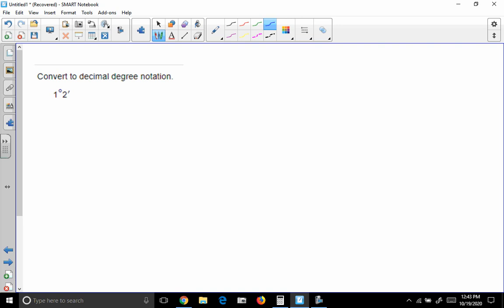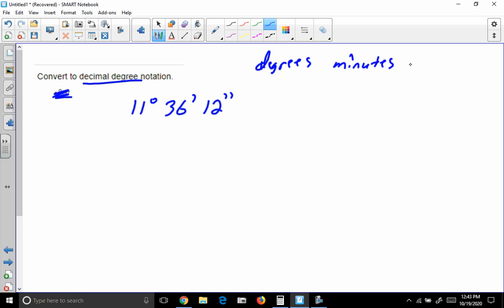Now, let's look at a problem like this. And instead of using this one, I'm going to use 11 degrees, 36 minutes, 12 seconds. And let's convert this to decimal degrees. This is referred to as degrees, minutes, and seconds.